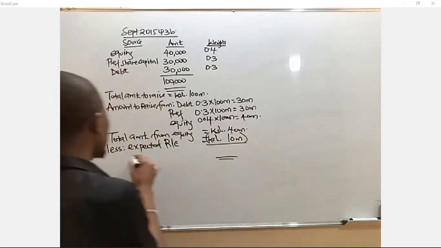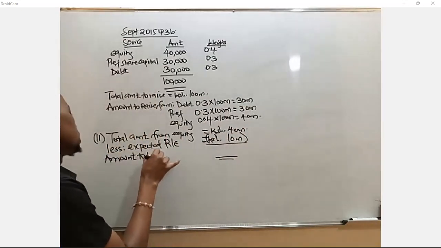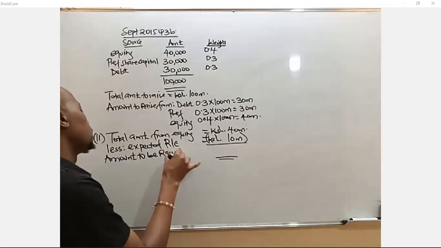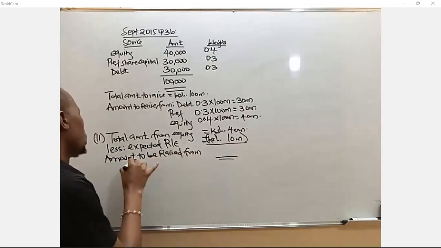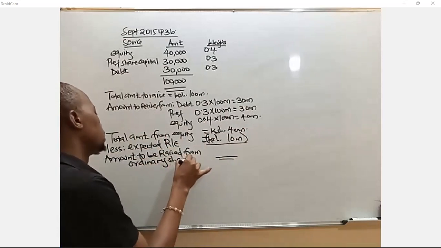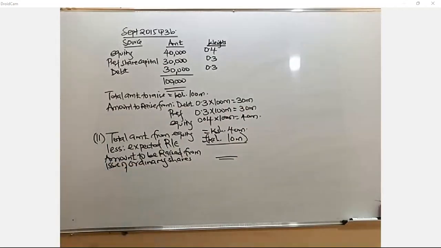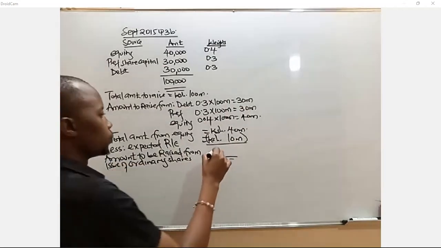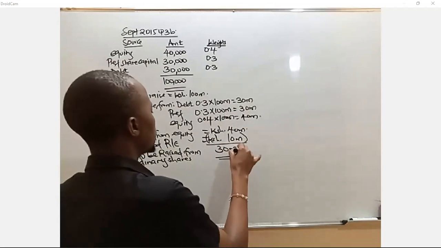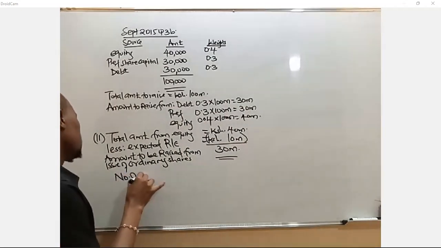Right? So let us look at the amount to be raised from the issue of ordinary shares. From the issue of ordinary shares, we can raise 30 million. We issue the ordinary shares to the public for subscription. But what about the number of ordinary shares?